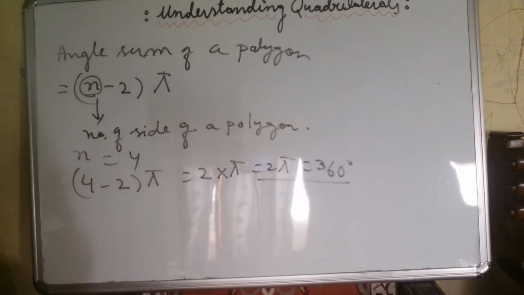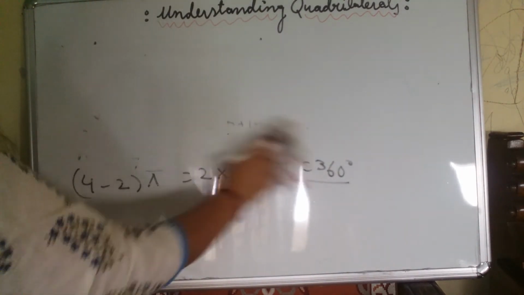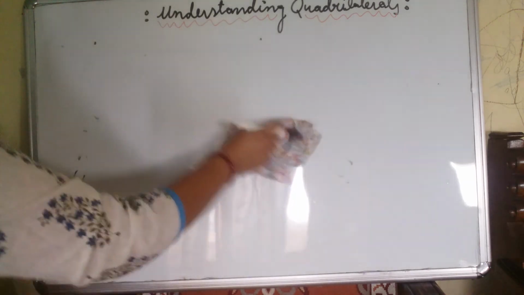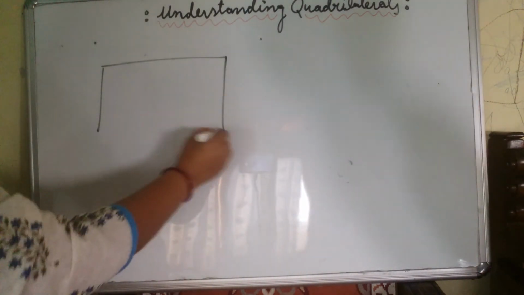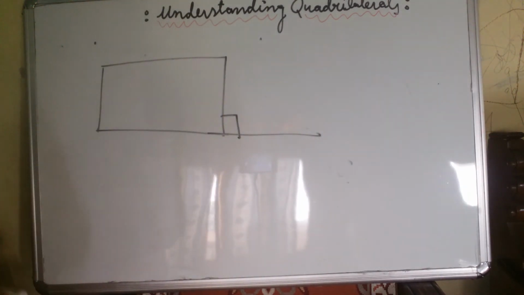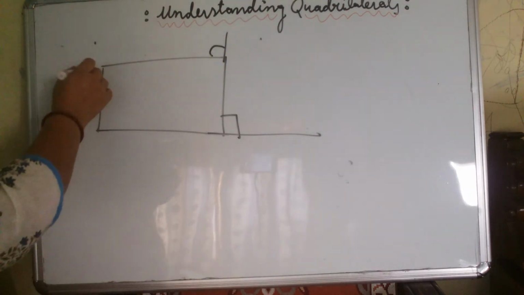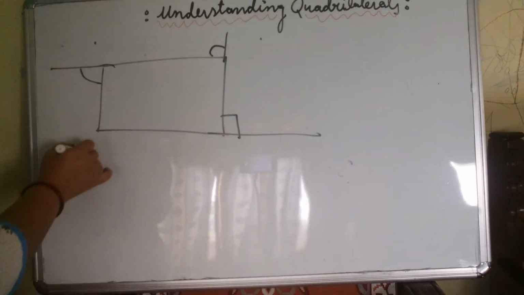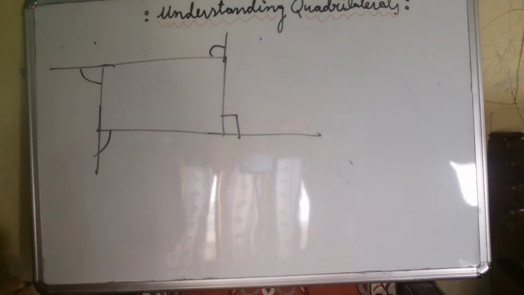Okay. Now exterior angle of a polygon. If I draw a polygon like this, this angle is exterior. If I extend this, this is its exterior angle.